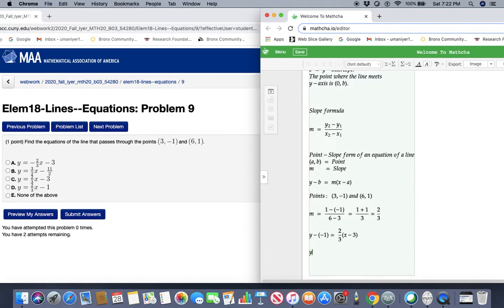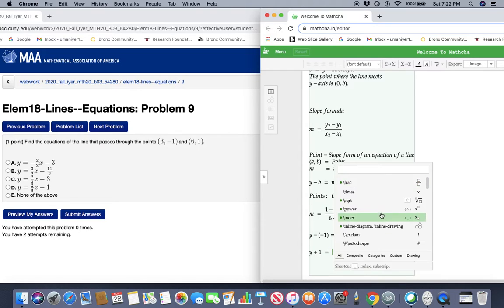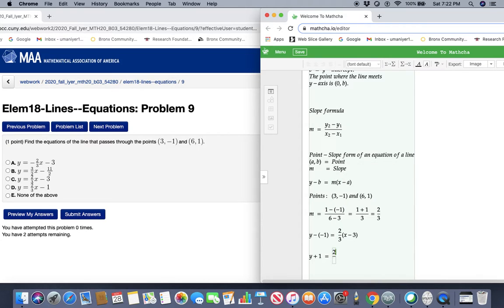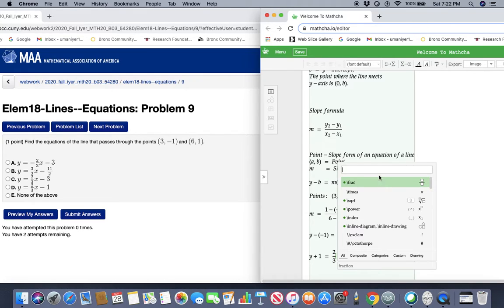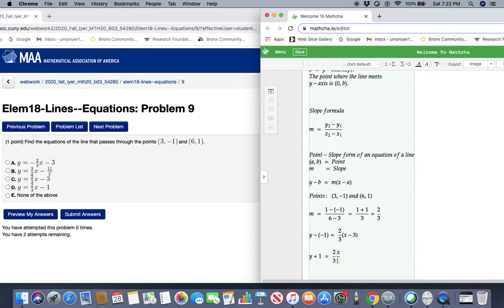Okay, so this is y plus 1 equals, let me multiply 2/3 to each one of these terms. So it's the fraction 2 over 3 and I'm multiplying by x over 1. So notice when I multiply, x is x over 1, so that becomes 2x over 3.